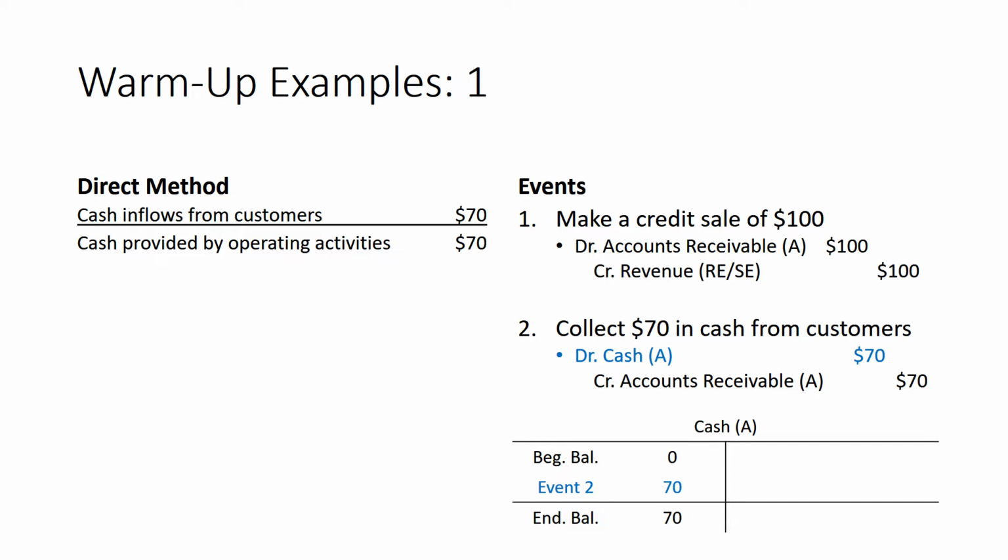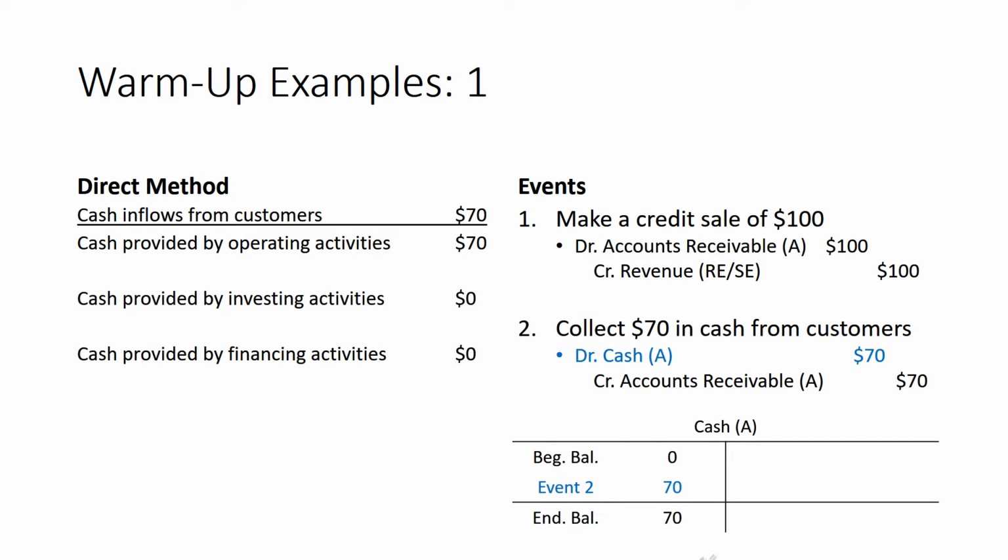Hence, the cash provided by operating activities is $70, which is the money that you received from your customers. There are no other events related to cash. Therefore, the cash inflows from customers of $70 is the cash provided by operating activities.